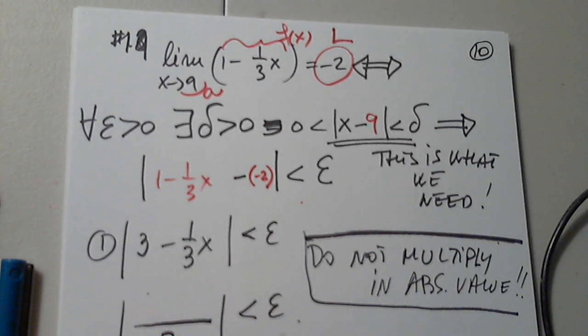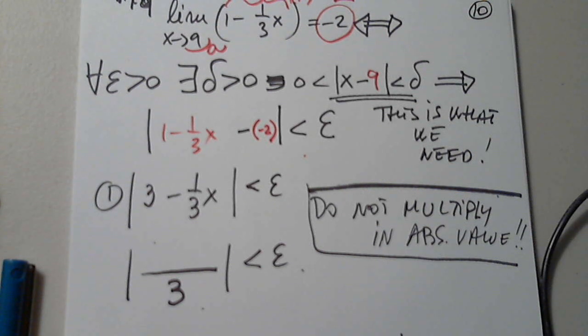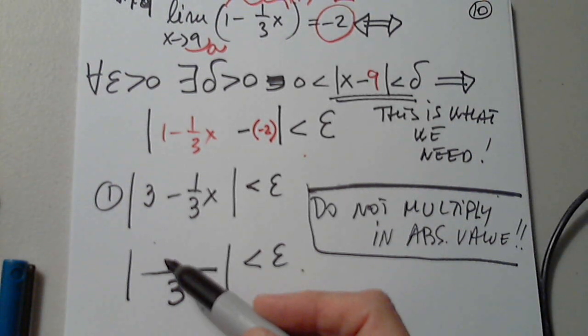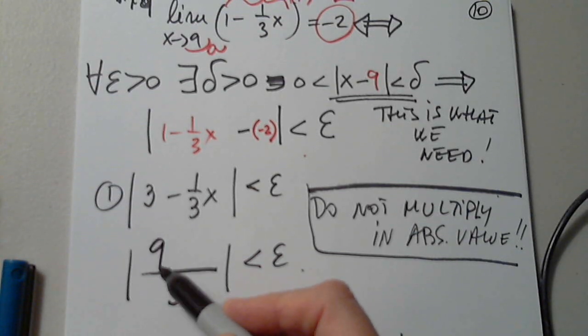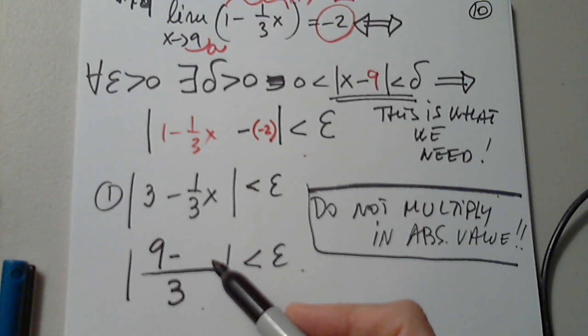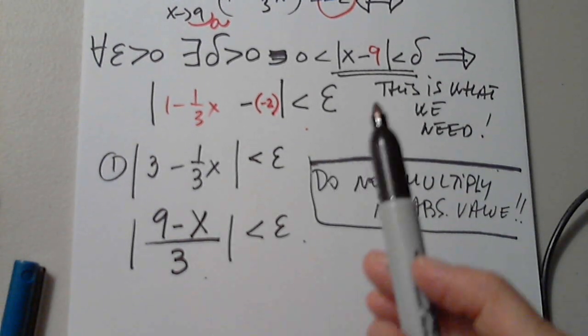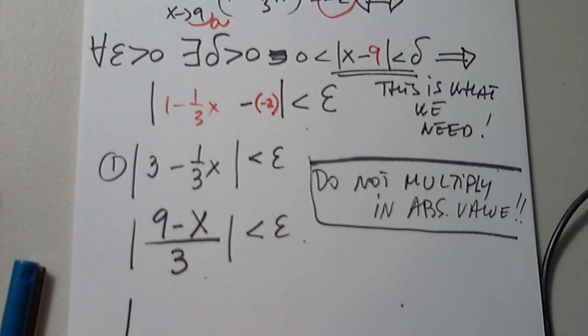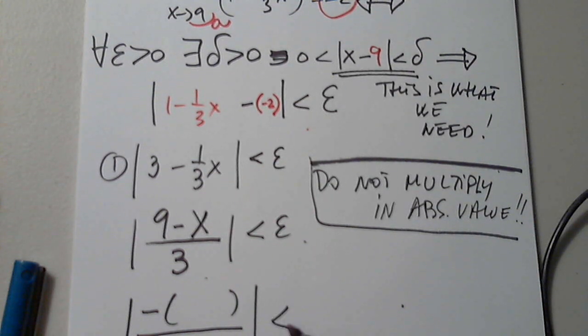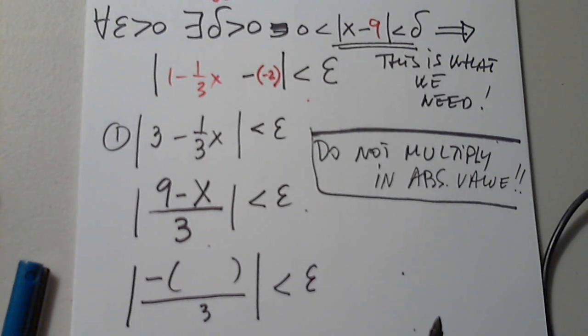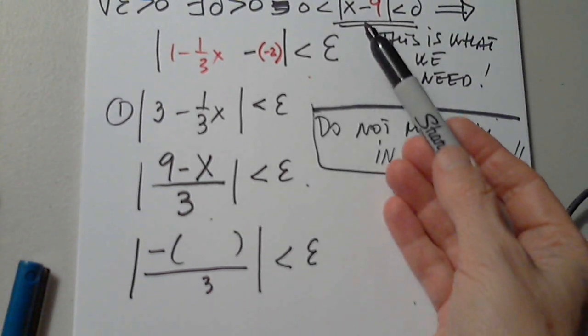What do I have at the top? Maybe 9 minus x or just x. Very good. Awesome. Now I have to factor out negative 1. So let's factor out negative 1 and let's see what we get, because it's not the same.